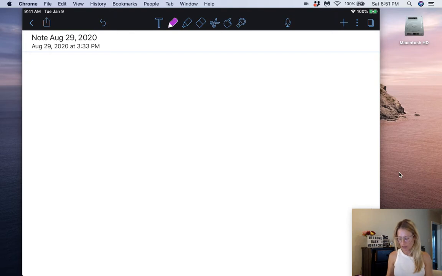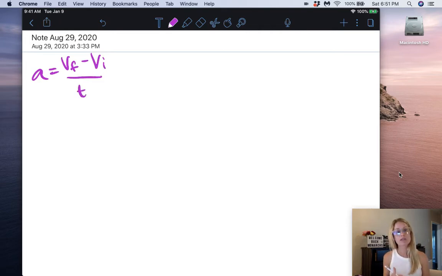Now, the first basic equation actually starts with the acceleration equation that you already know, which is acceleration is equal to the change in velocity, or final velocity minus initial velocity, over time. So we start with this equation, but then we're going to rearrange it a little bit. Not a new equation, because it's the same equation, just in a different way.